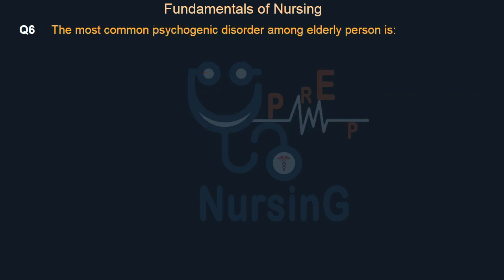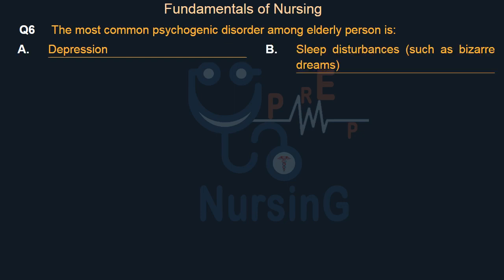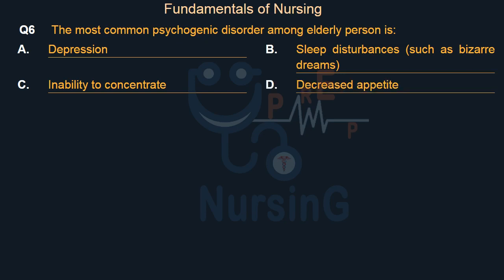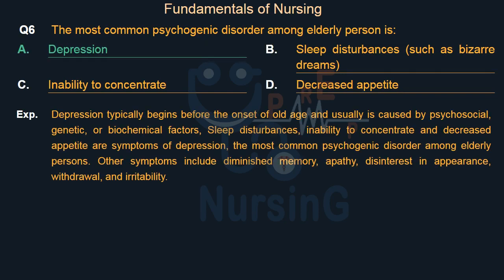The most common psychogenic disorder among elderly persons is: Option A. Depression. Option B. Sleep disturbances, such as bizarre dreams. Option C. Inability to concentrate. Option D. Decreased appetite. Right answer is Option A. Depression.